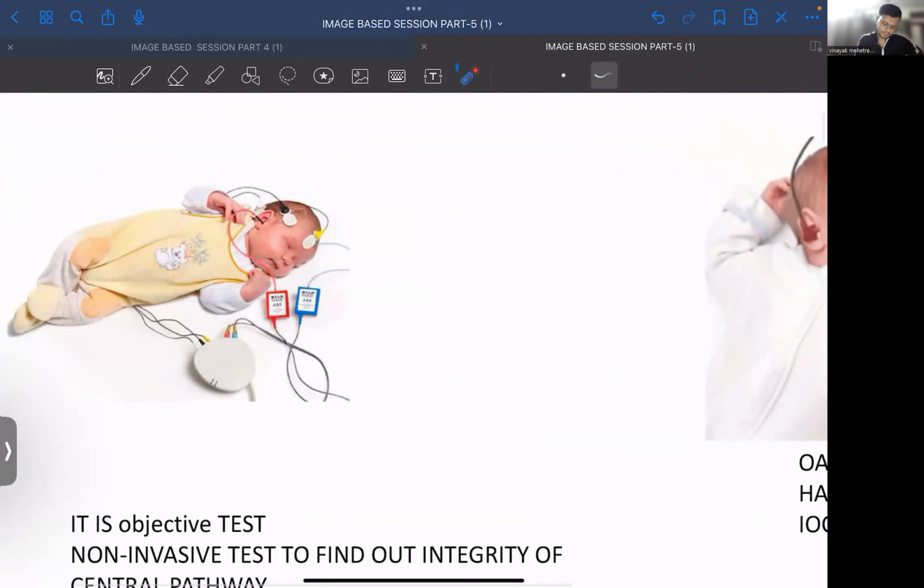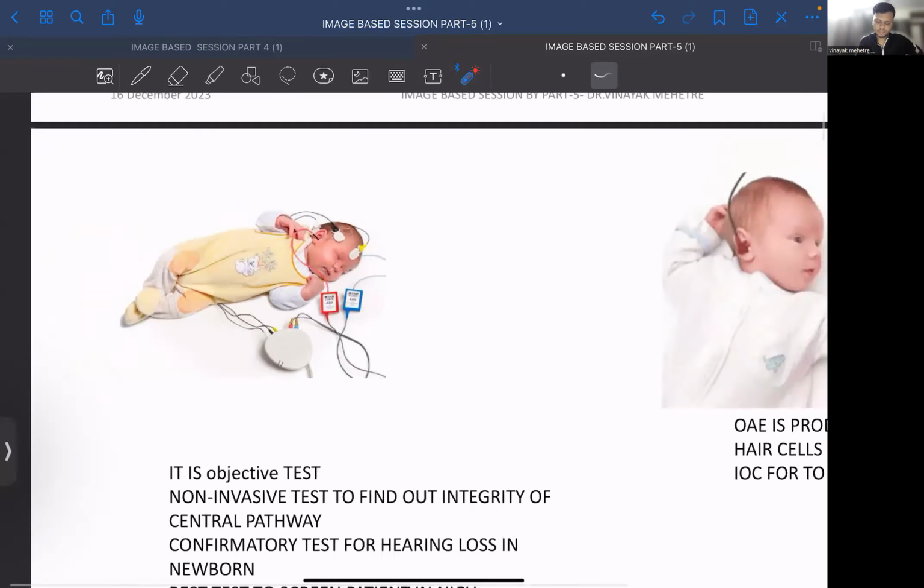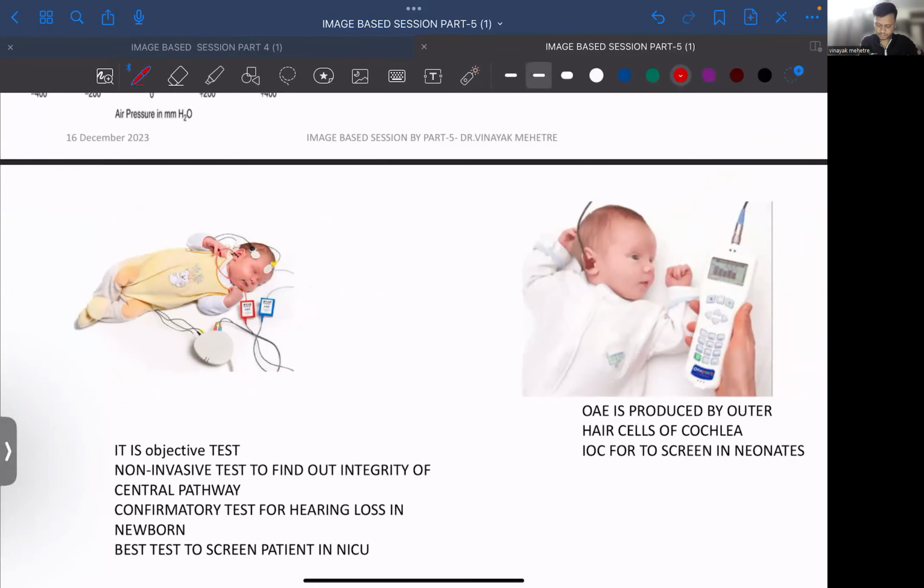A child with multiple probes going on his head and in the ear is called BERA.